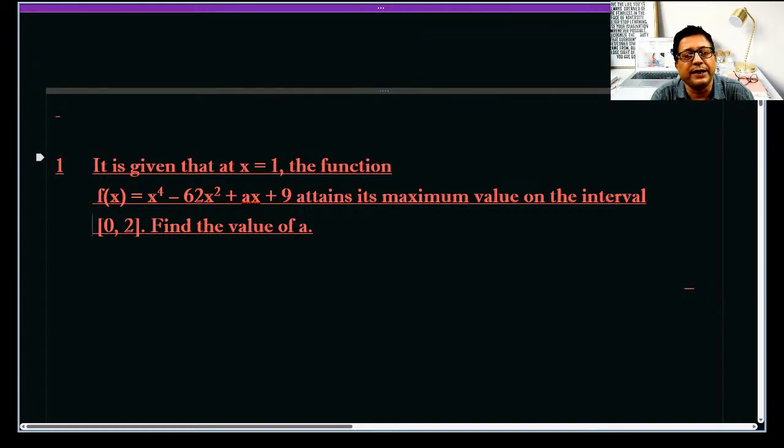Find the value of a. Before I start every sum here, you should try.